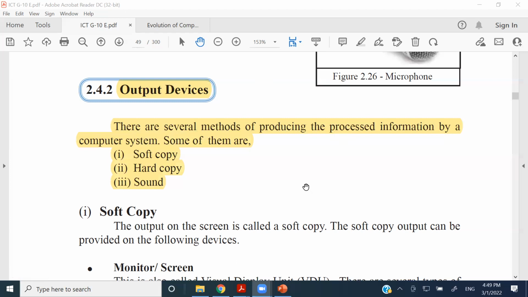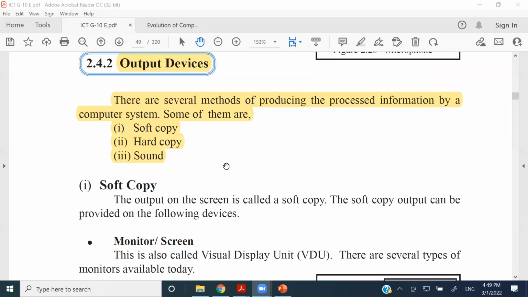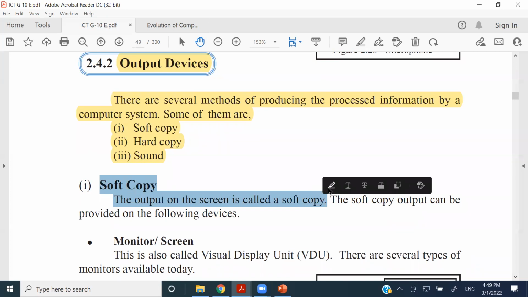Right, let me know when you are done. And write about the soft copy as well.